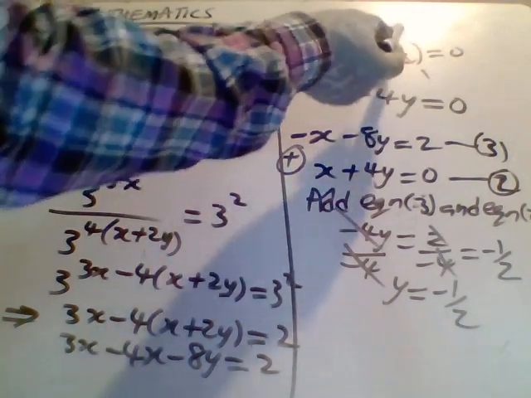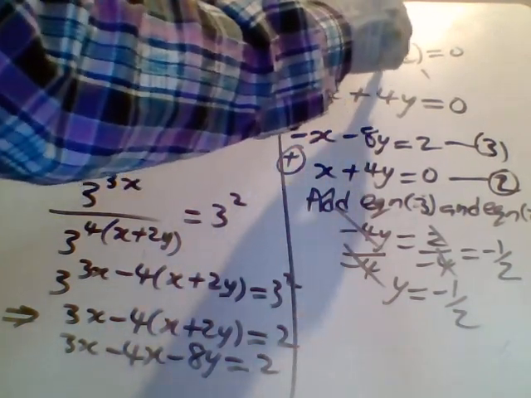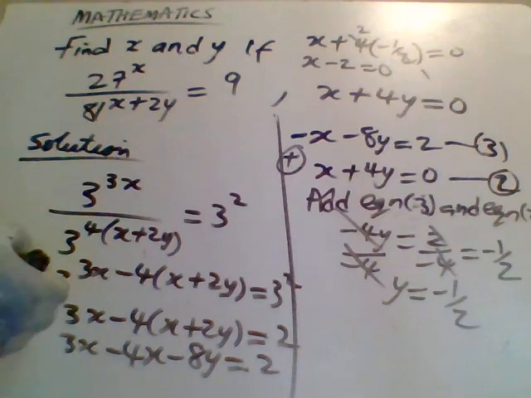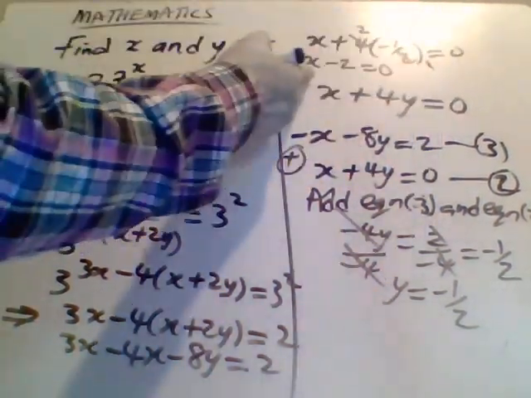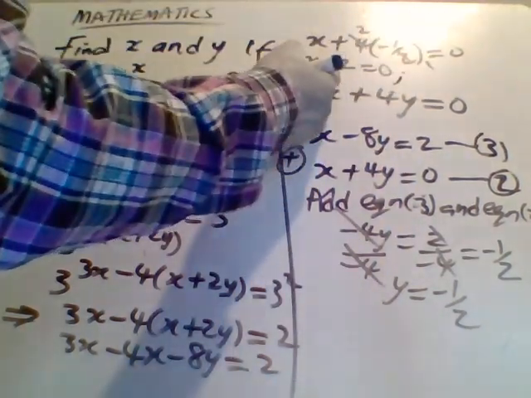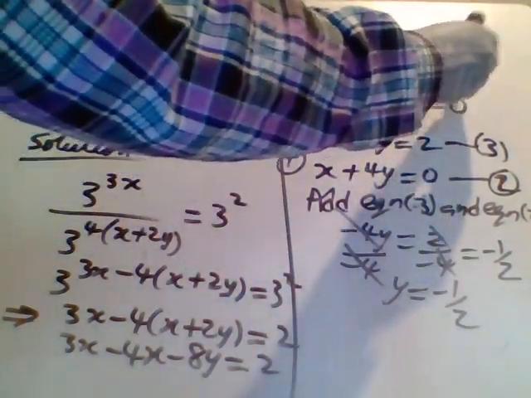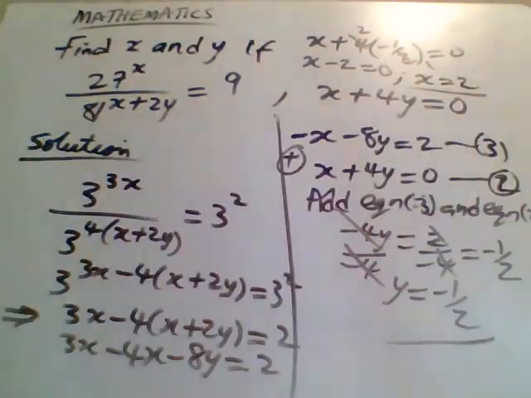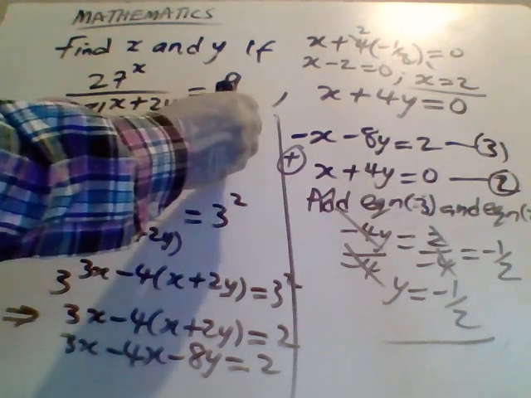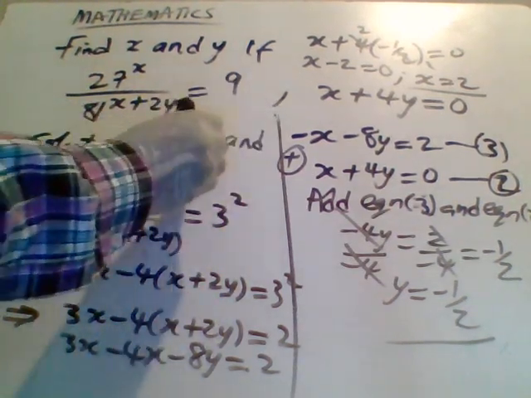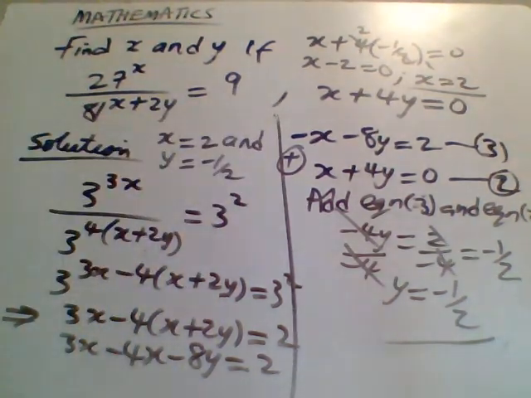So plus 2 times minus 1 will give us minus 2, and that is equal to 0. So from here we can find the value of x. Minus 2 going to the other side, we have x equals 2. So x is equal to 2 and y is equal to minus half.